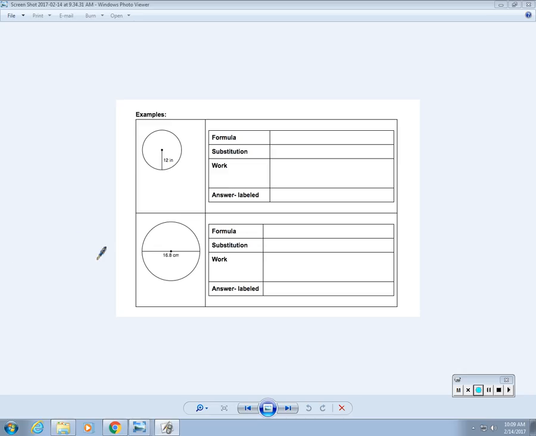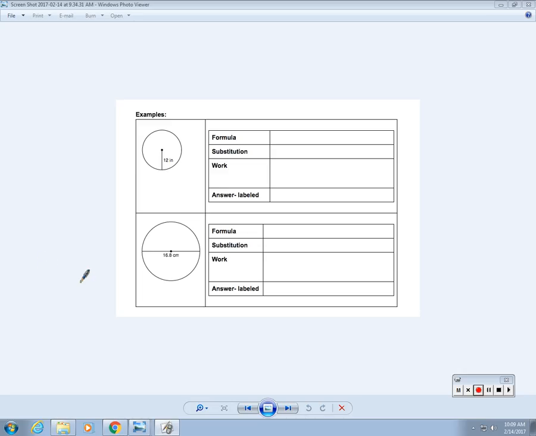3.14 times 16.8. When you multiply decimals, just line up your numbers, multiply, and at the very end, then move your decimal. Okay? What's 8 times 4? 32. 8 times 1 plus 3? 11. 8 times 3? 24 plus 1? 25.